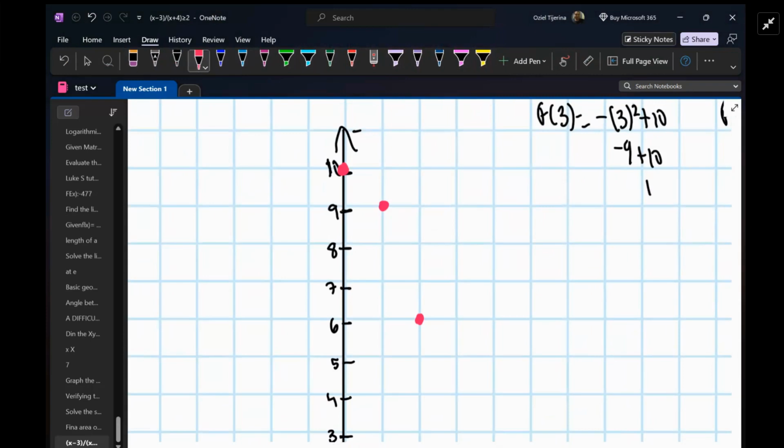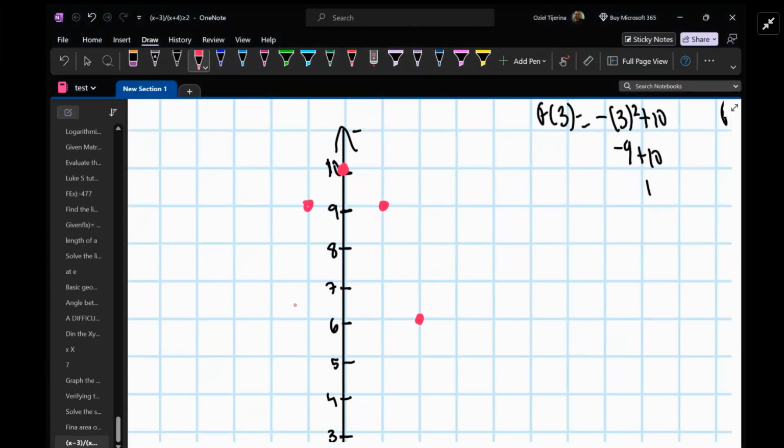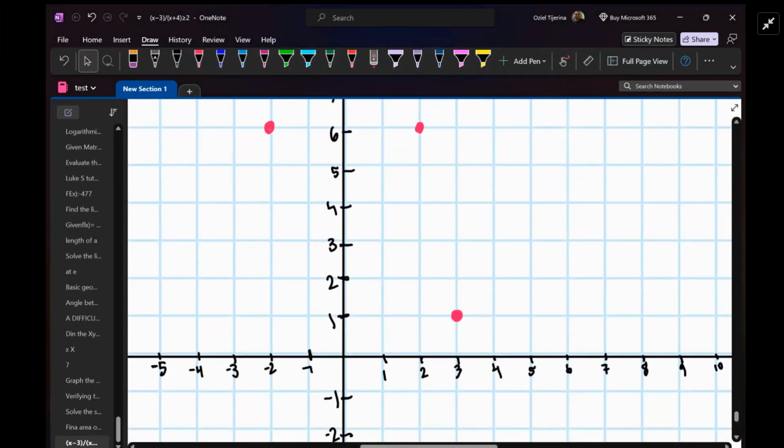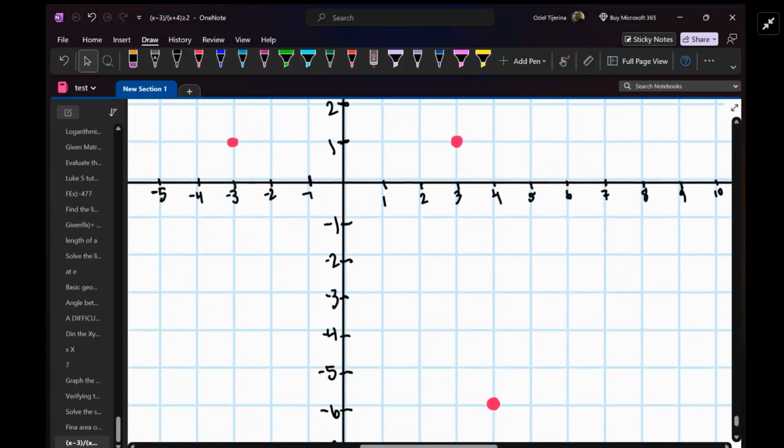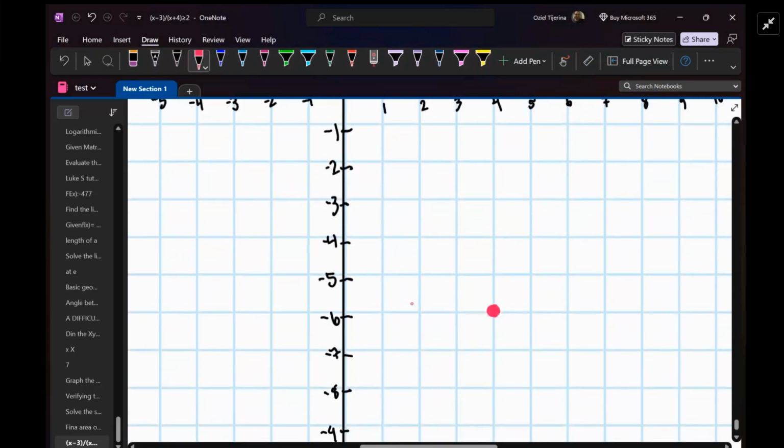Now we want to just reflect it. So 1, 1, then 1, 2, 1, 2, and then 1, 2, 3, 1, 2, 3. So right here, and then 1, 2, 3, 4, 1, 2, 3, 4.